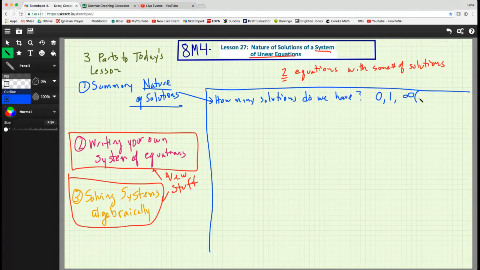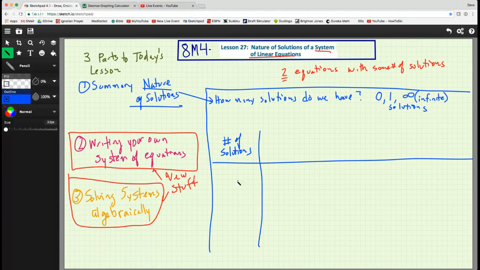This means infinite solutions. So let's make a little chart here. Again, you can fast forward if you really understand this. Just fast forward to the end where I have the chart drawn, and you'll totally get it. So either we have 0 solutions, 1 solution, or infinite solutions.